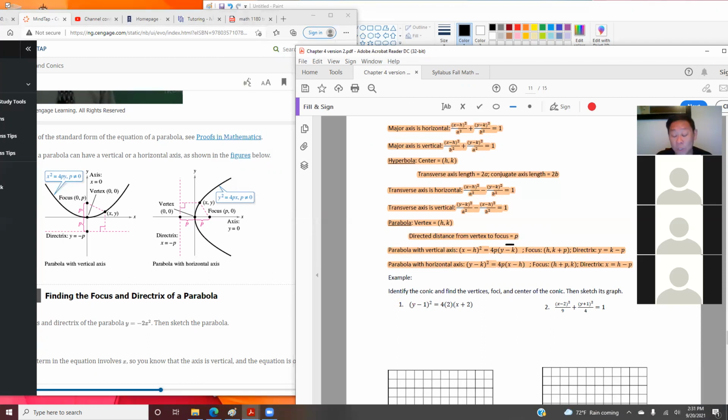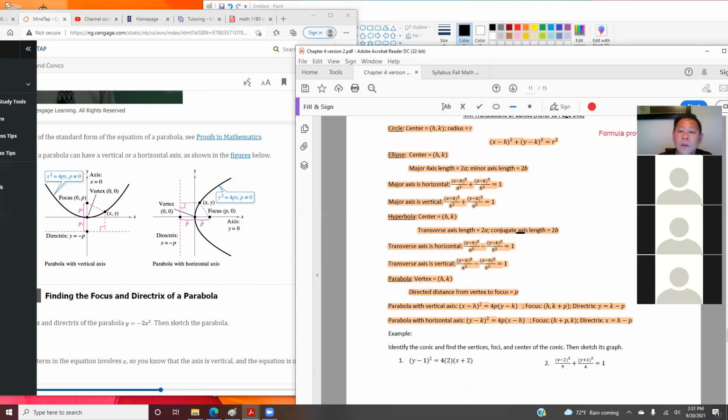That's why make sure you use this formula in your homework and treat h, k as 0, 0 in this section 4.3. So for your focus point, h, k is 0, 0 for the case where you have a vertex at 0, 0.